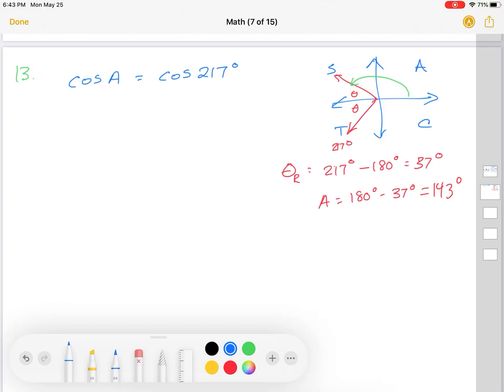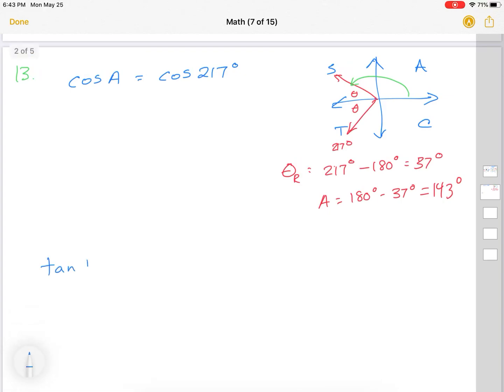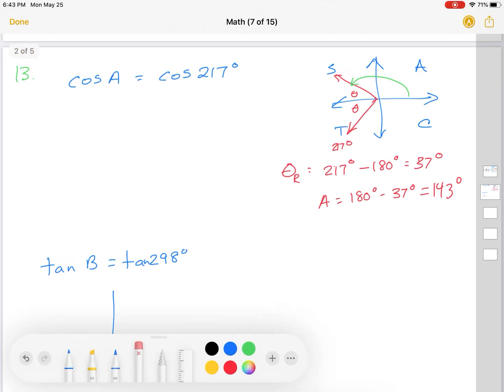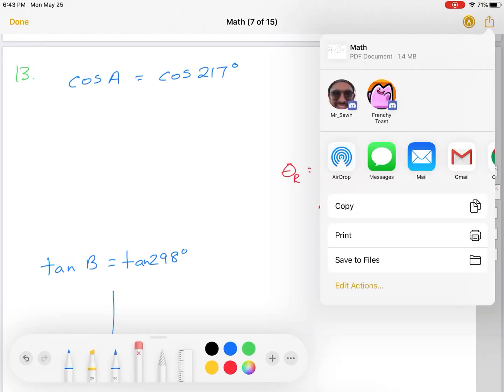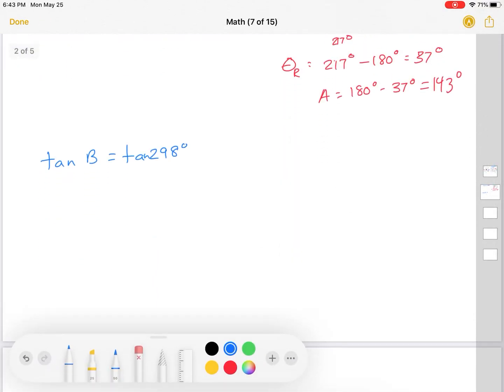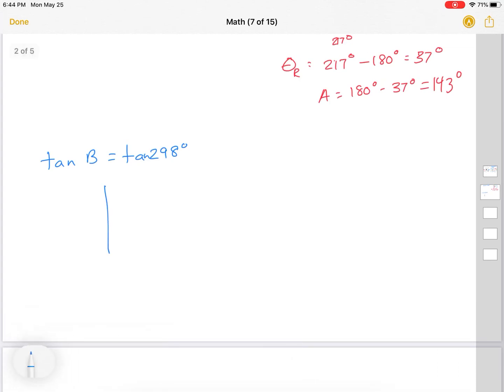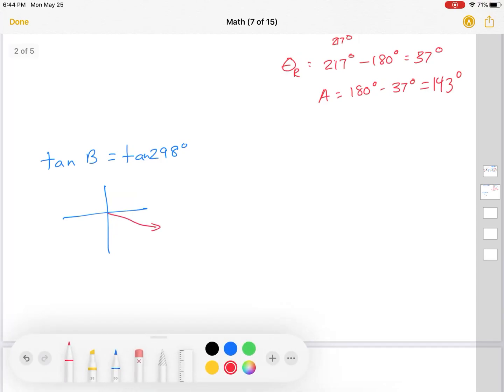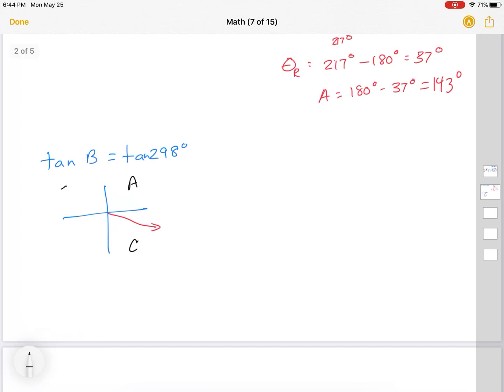is tan of B equals tan 298 degrees. So again, we're going to sketch. That's a really weird sketch. So tan 298 is going to be in this quadrant here, and let's just think about the CAST law.